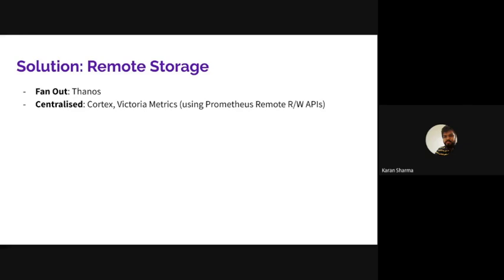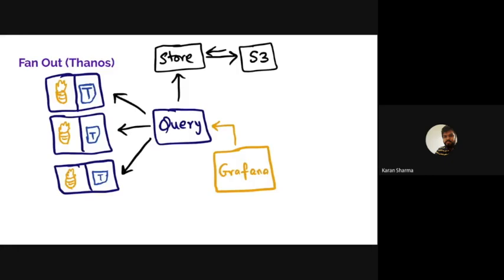So fan out would look something like this. On the left-hand side, you can see multiple Prometheus instances, and a Thanos sidecar is running on each instance. If you have to connect Grafana and visualize all of them together, you have a component called Thanos Query, which pulls data from two sets of data basically.